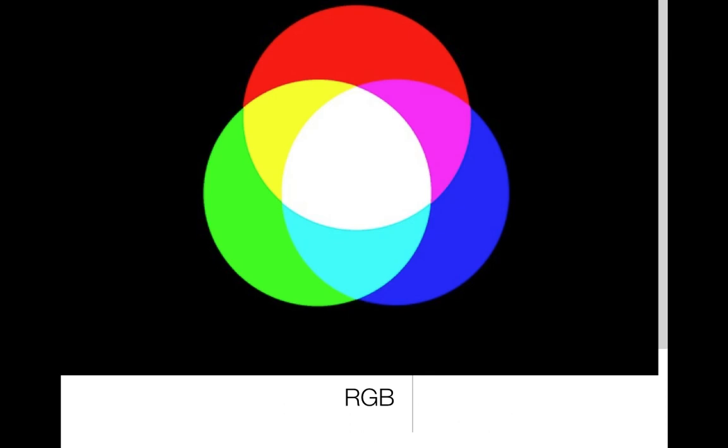Now, the RGB system is by far the most widely used system in computers. So your TV would use something like RGB. Most images that you would store digitally would be stored using RGB. You may be familiar with this from secondary school, from your physics class.